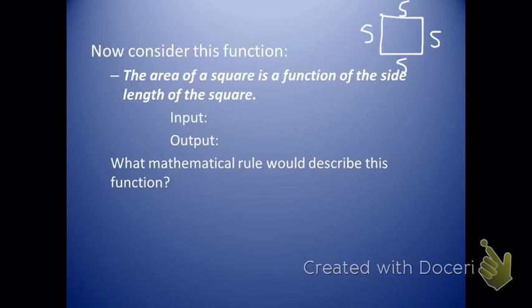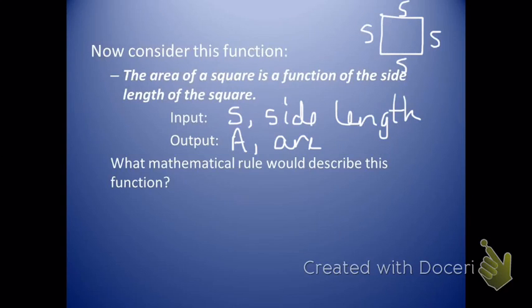The input to this function is s, the side length. I could use any positive number as the side length of a square, so those inputs have to be positive. The output is going to be A, the area of the square.